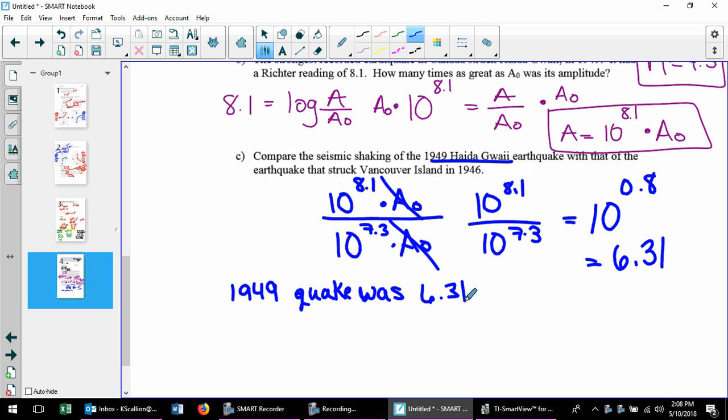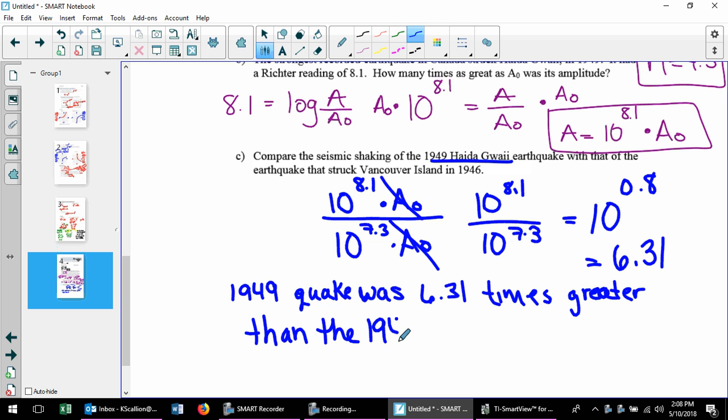You would have left it as the exponent 0.8. So the 1949 quake was 6.3 times greater than the 1946 quake.